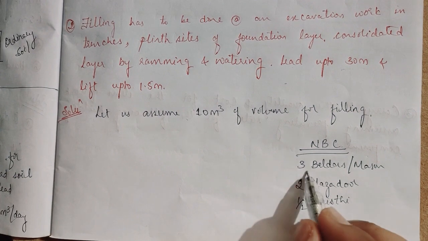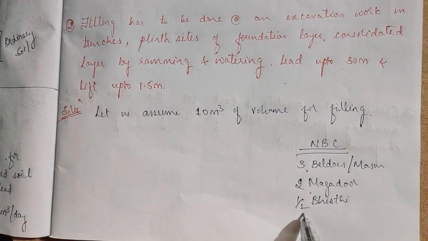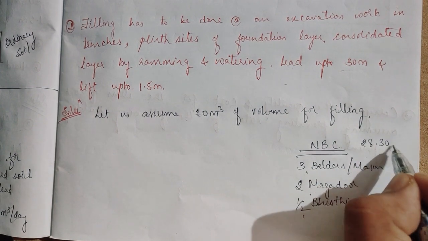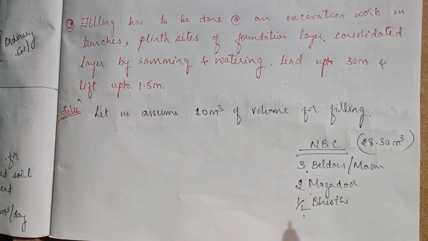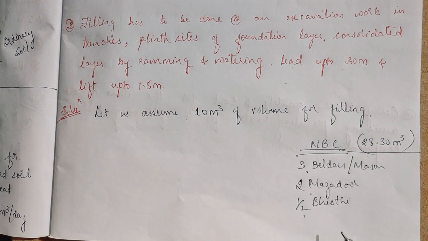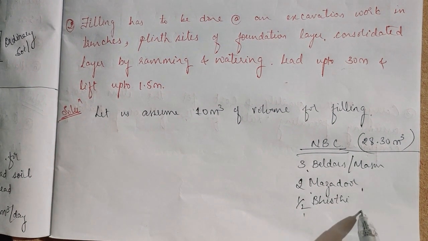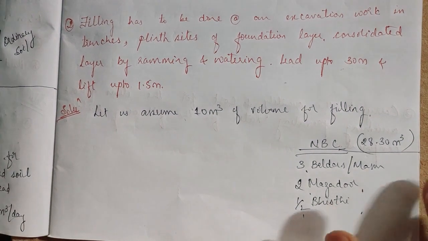Okay, 3 beldars, 2 mazdur, half bhishti for 28.30 meter cube of work. So they are given directly, so here we'll take this amount of work directly. So I'll show you now how we'll take.